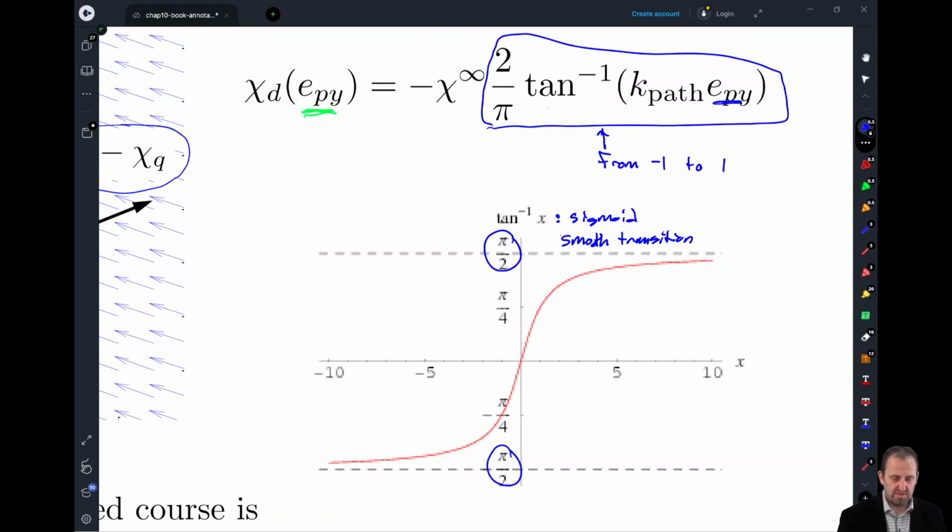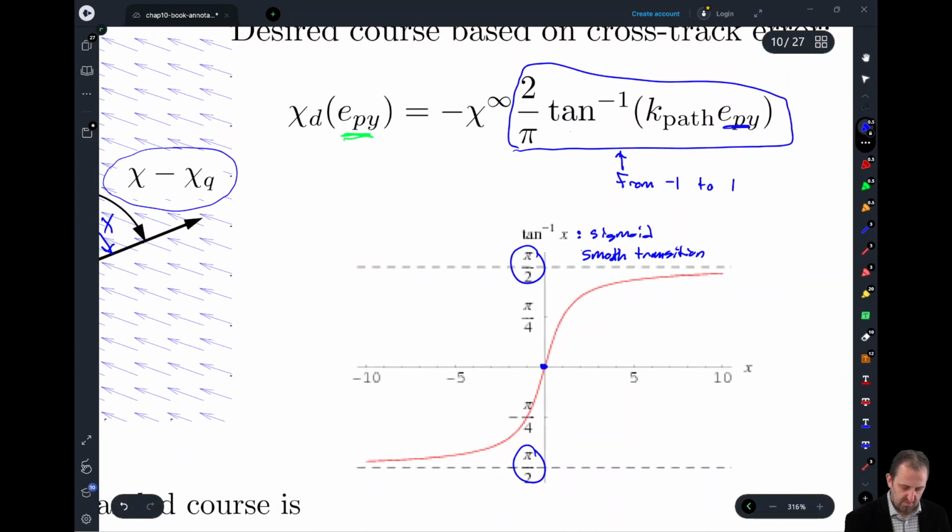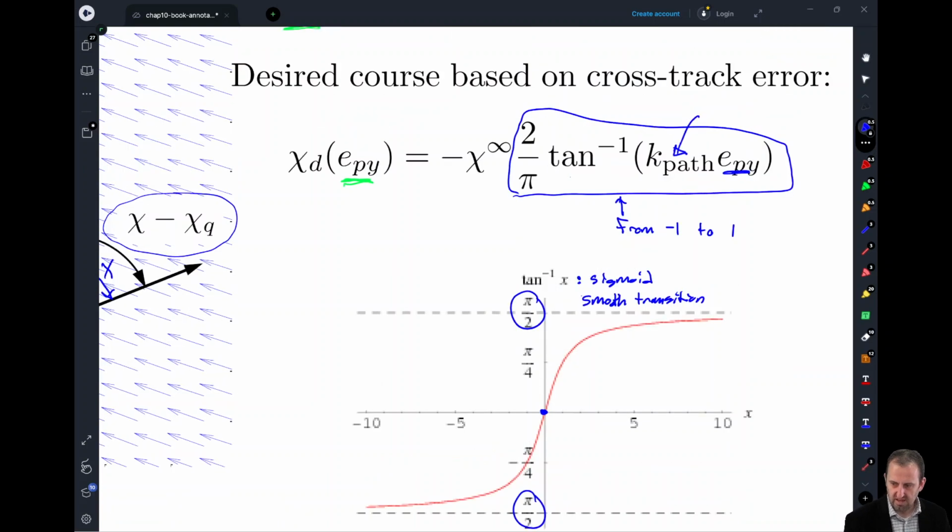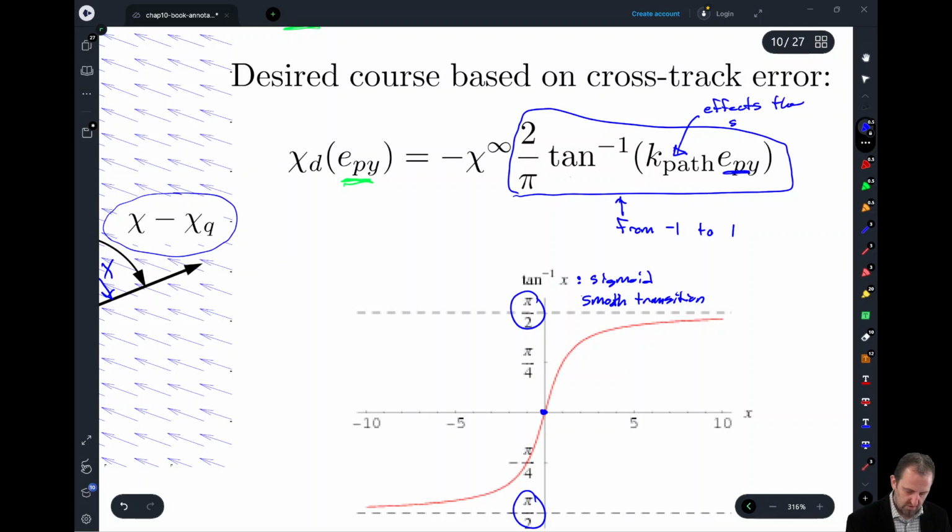If you're close, it'll be right at 0. And if you're far away in the positive direction, then it's going to be +1. This variable right here just affects the slope of the transition.